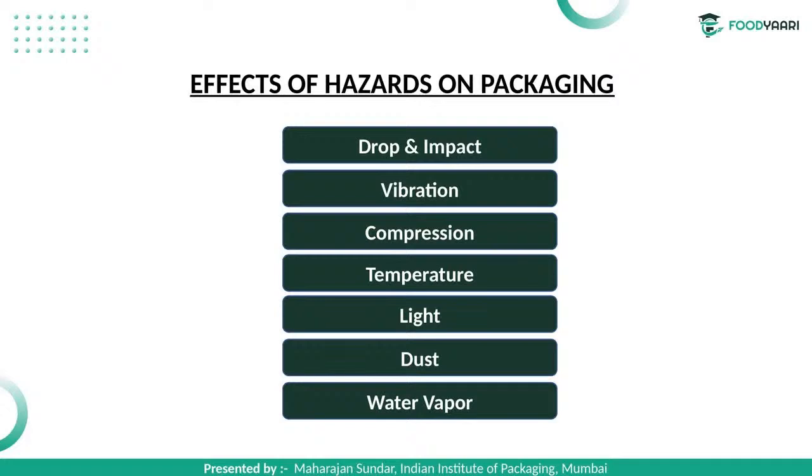In the same case, compression should also be considered. For example, if the milk products are packed in secondary packaging material, they will be stacked in a warehouse one over the other. The packaging material should not affect the product packed inside the primary packaging material.